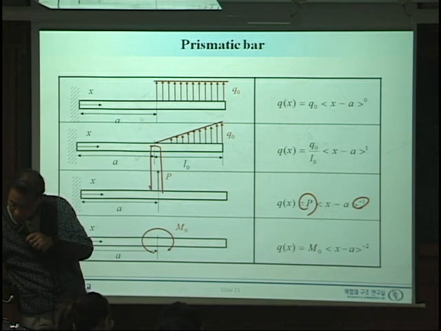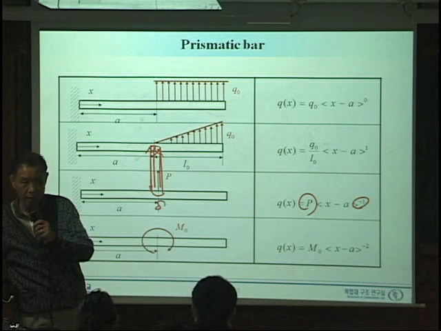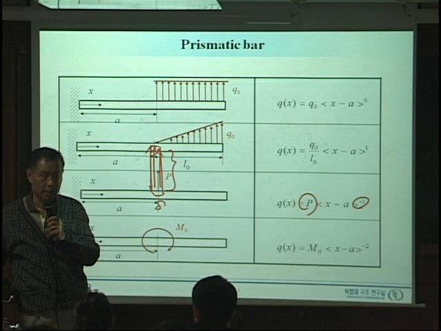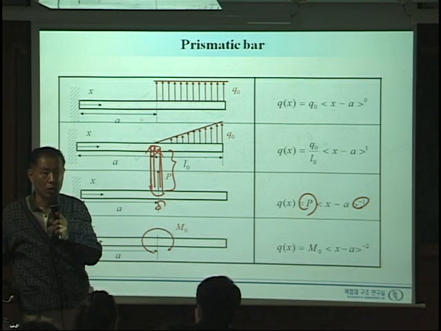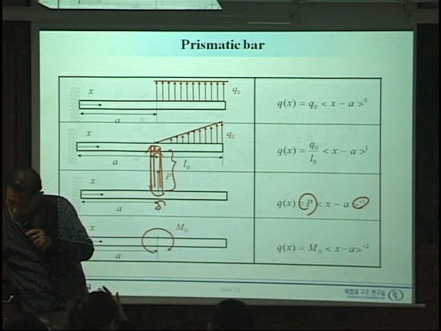this load, and the width will be, say, delta, and this height. Now the height will be load per unit length, so P over delta.